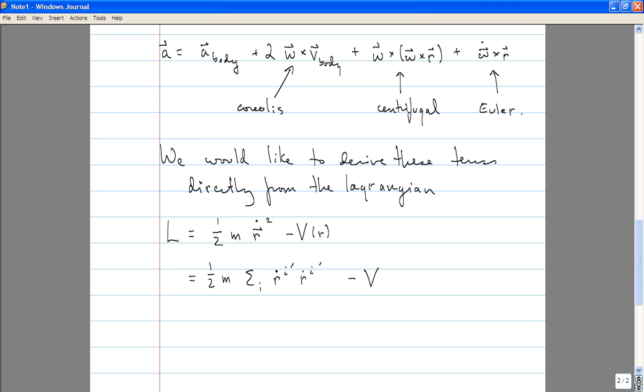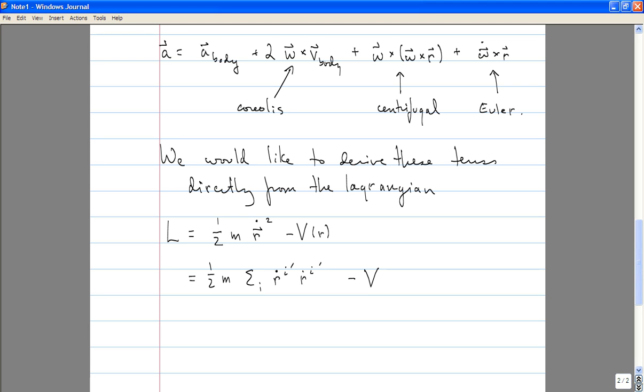Now, if I wanted to write down the equations of motion in terms of these static Cartesian coordinates, this is an exercise with which we are all familiar. You just write down the Euler-Lagrange equations following from this action, treating the ri primes as our dynamical variables. So let's suppose now that I wanted to write down the equations of motion involving the ri's rather than the ri primes.